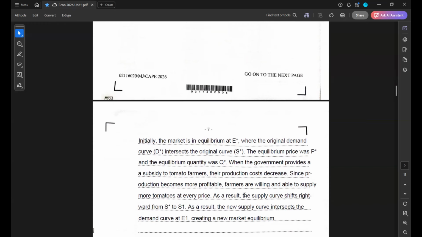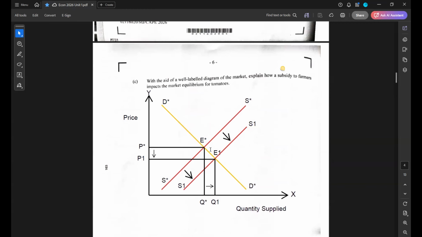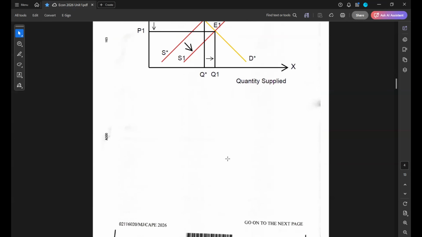Since production becomes more profitable, farmers are willing and able to supply more tomatoes at every price level. As a result, the supply curve shifts rightward from S star to S1. The new supply curve intersects the demand curve at E1, creating a new market equilibrium, right? So this right here is our new market equilibrium. And that is it.